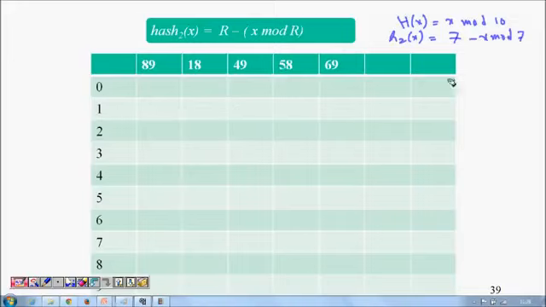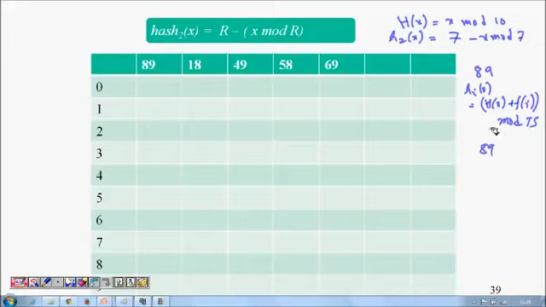We try to insert these items. We know the strategy is h_i(x) = (h(x) + f(i)) mod table size, and f(0) is 0. That's the strategy for closed hashing.